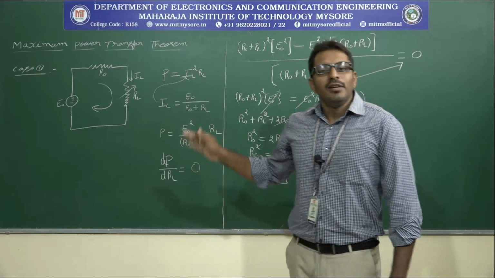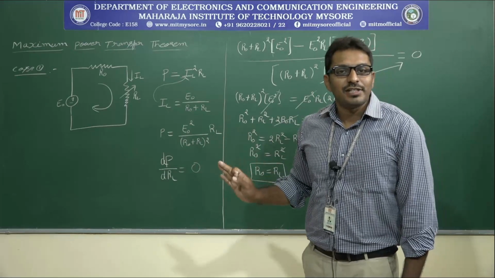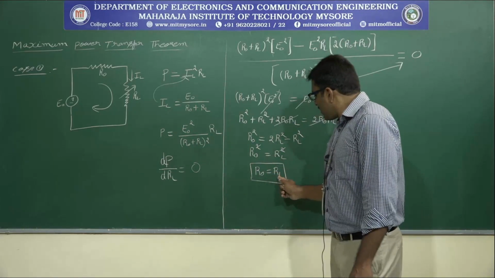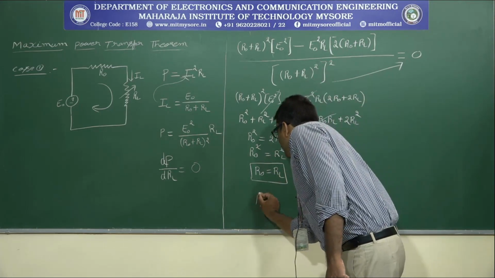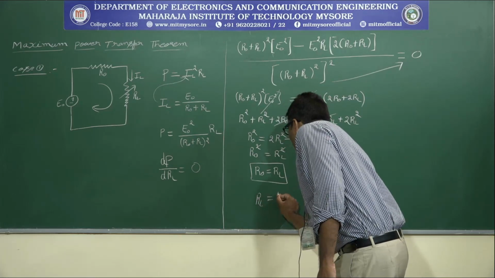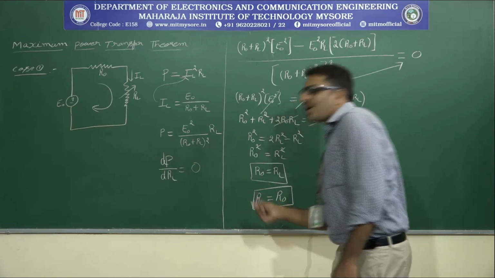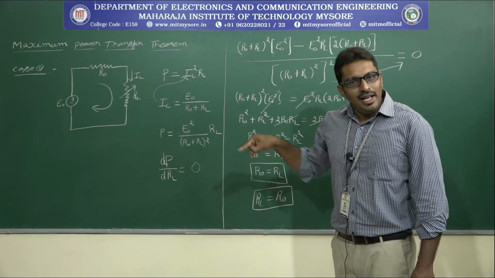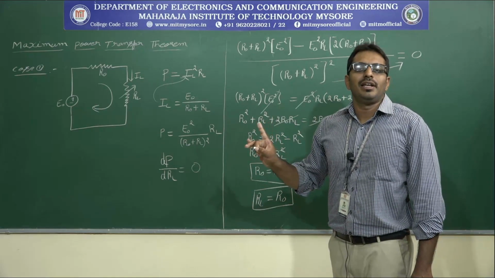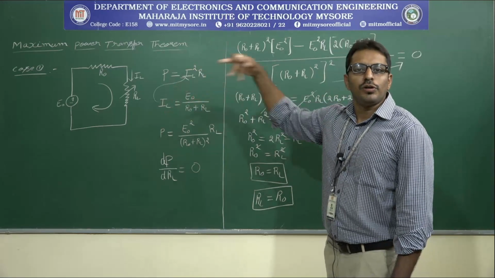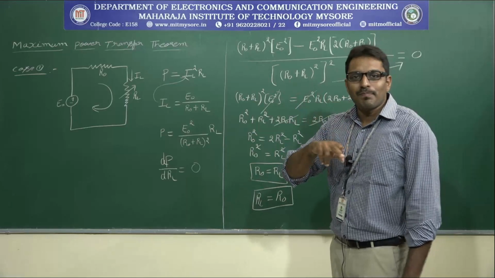In case 1, under which particular condition can we transfer maximum power from source to load? When the load resistance, here the variable thing is RL, is exactly the same as the source resistance. Under this condition we can transfer maximum power from source to load. Then what is the maximum power?